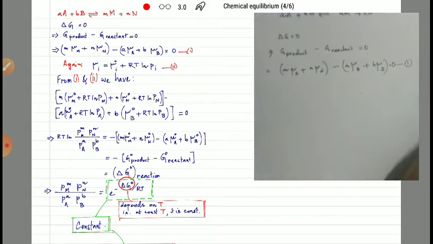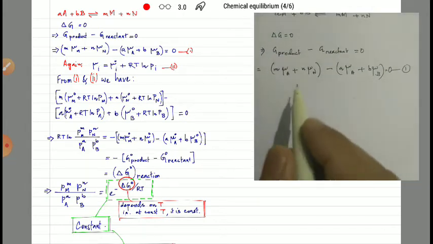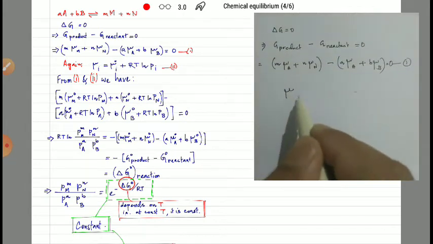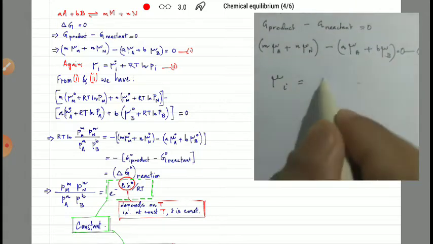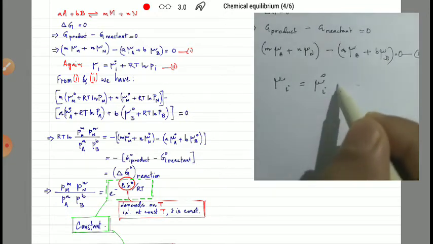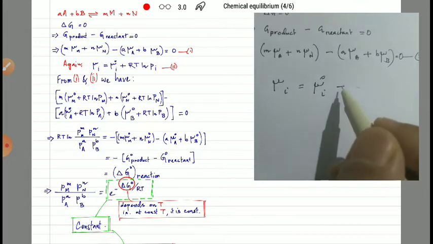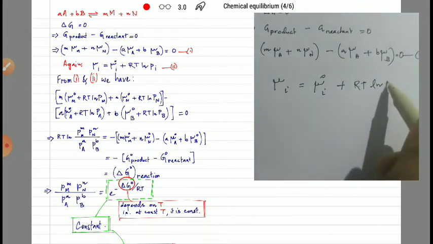Okay, so this is your number 1 equation. Okay, so again, this chemical potential can be defined as mu i naught, where this is for the standard case, the standard chemical potential, plus RT ln p_i.